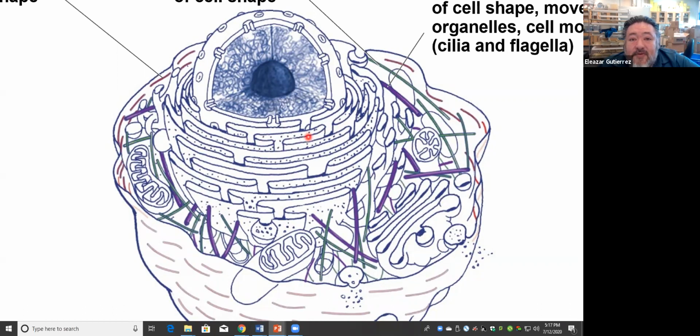Now, why is it rough? It's rough because it's littered with ribosomes all doing the same thing, producing a protein. Endoplasmic is inside the plasma membrane. Reticulum means net, it's Latin for net.